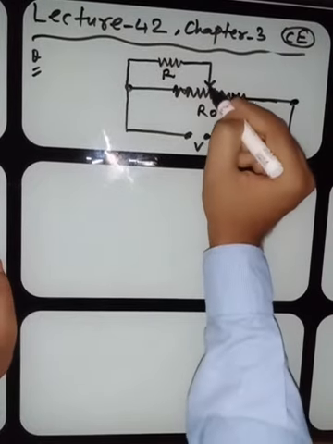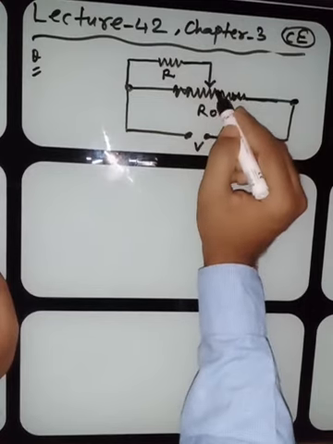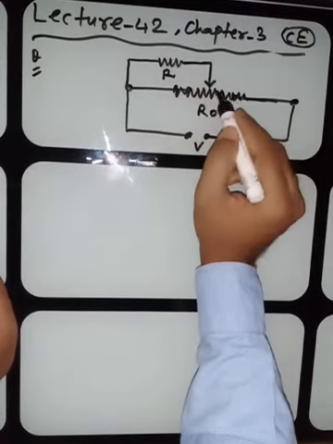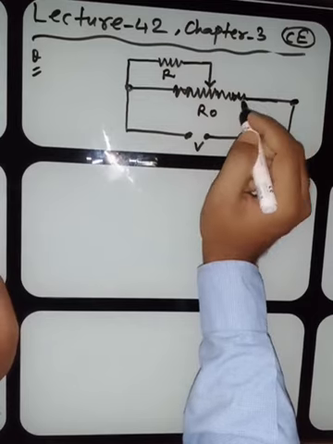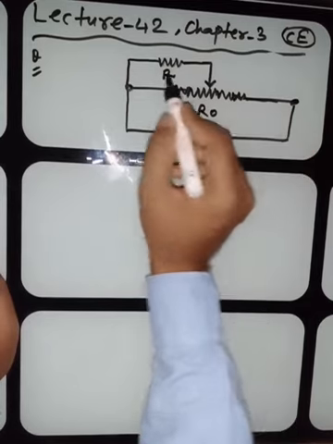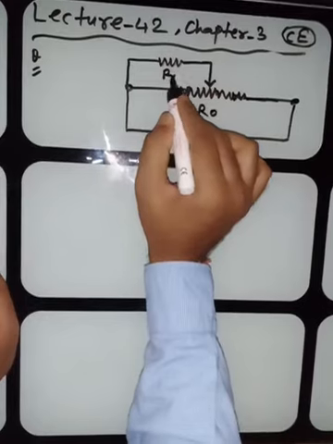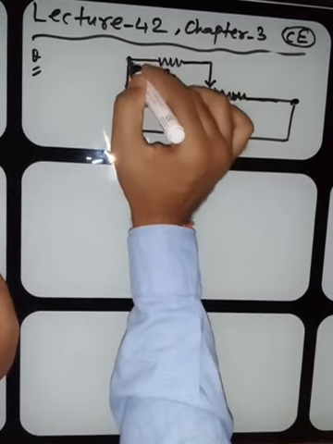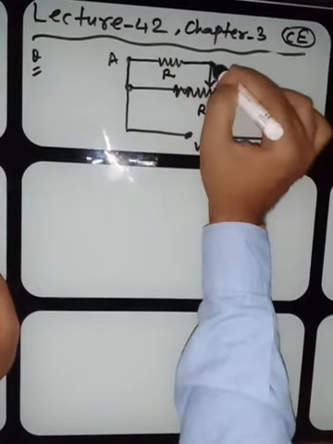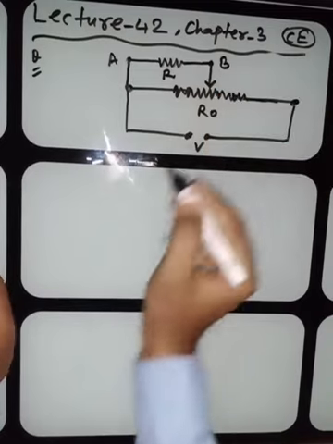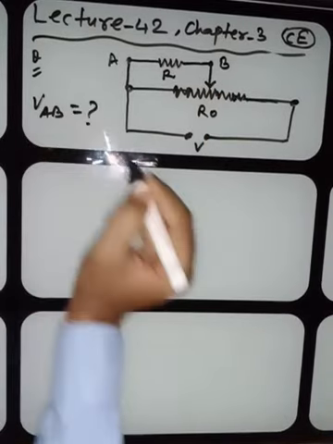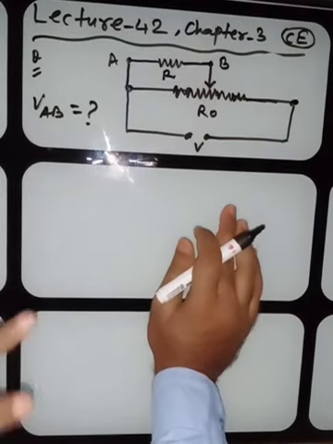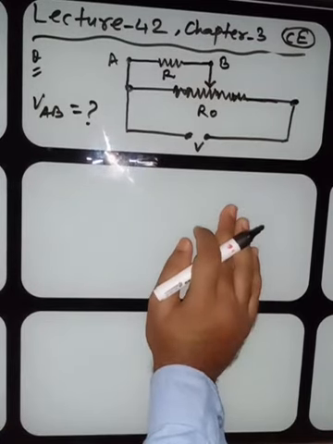Now when you tapped at the center of this resistor, you have to find the voltage across R. If you write this point as A and this as B, then you have to find V AB. This is your question. Try to solve this question.